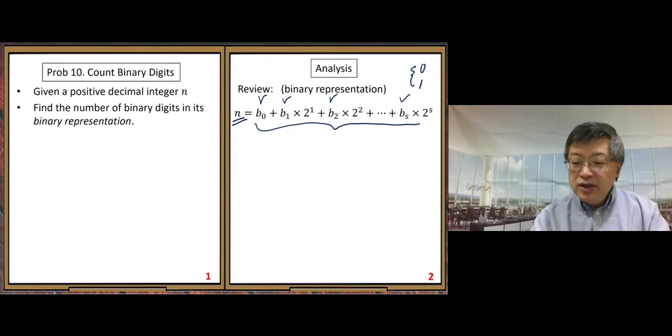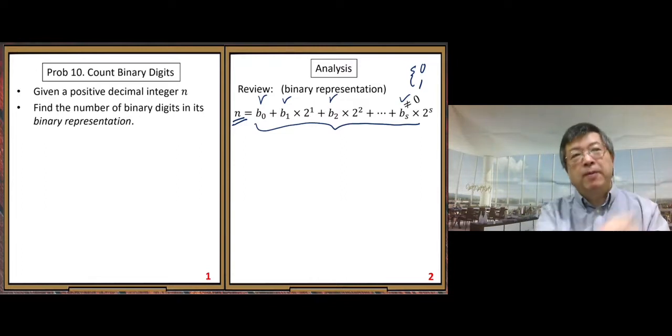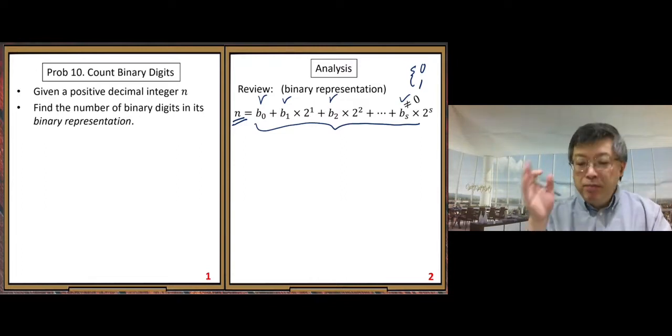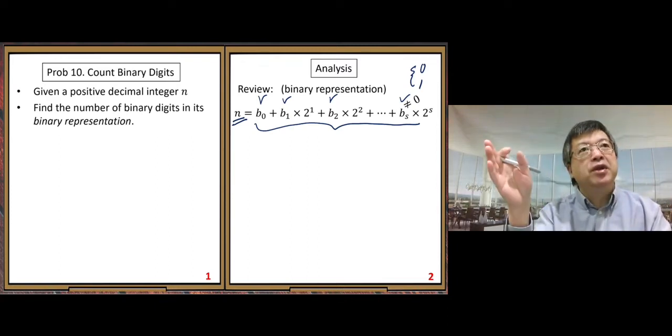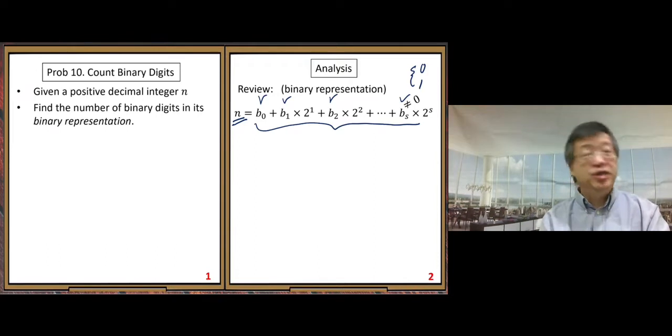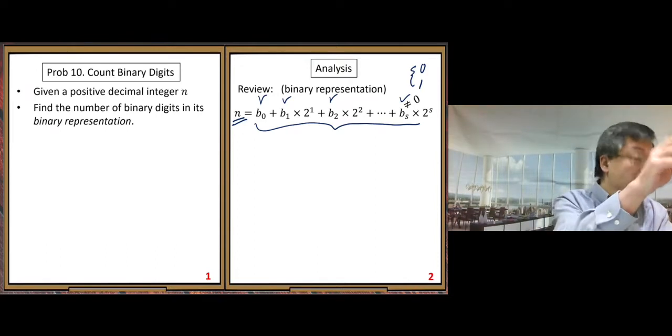In this expression, the last one, b sub s, the most significant bit, cannot be 0. The reason is simple: if it is 0, we just look at b sub s minus 1.